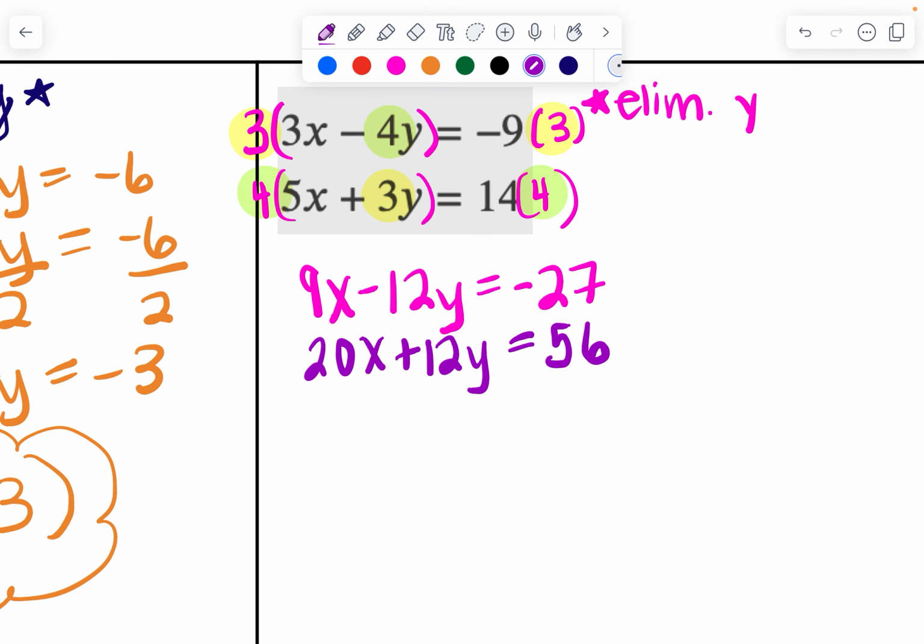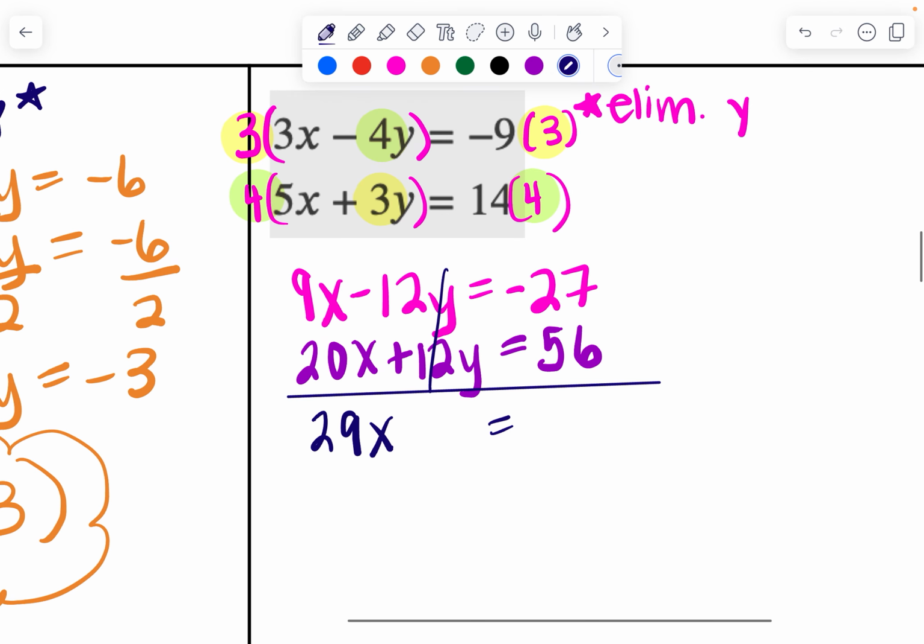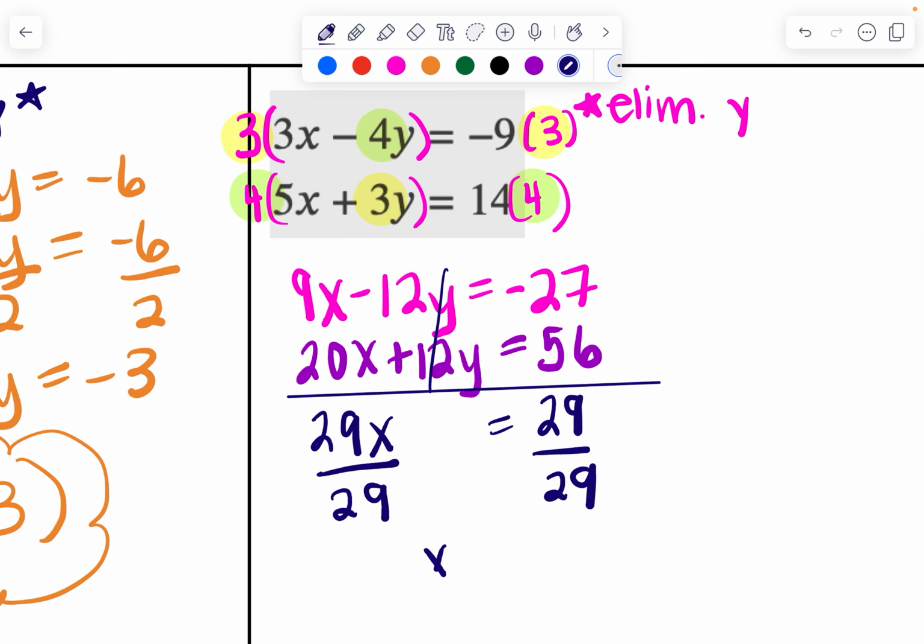Now I have opposite numbers in front of my y's, which is what I wanted. So when I combine like terms here, 9x and 20x is 29x. The y's go away. Negative 27 and 56 is 29. Dividing both sides by 29, I'll get x is 1.